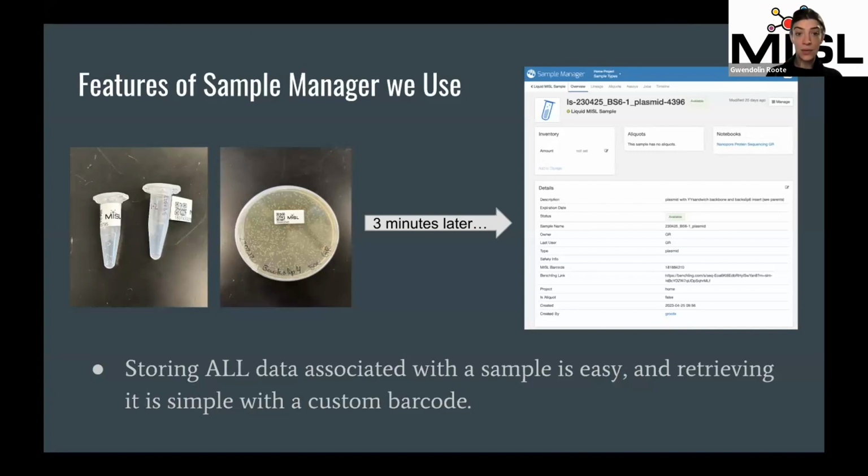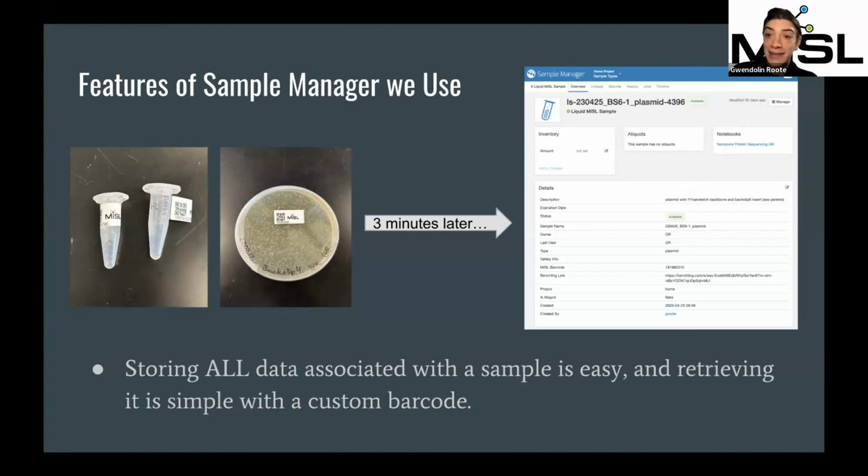So we print out our own barcodes. Sample Manager does have an integration with Bartender software, but we kind of have our own solution. I print out all of these cryogenic labels that stick really well onto frozen things. Just with random numbers, I've printed out like 5,000 of them. They're just sitting in the lab.